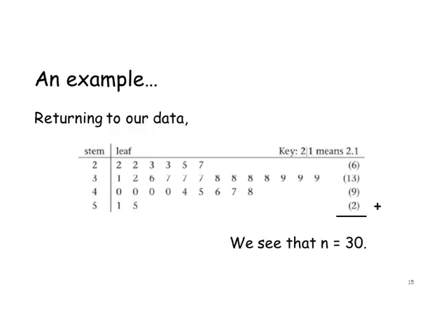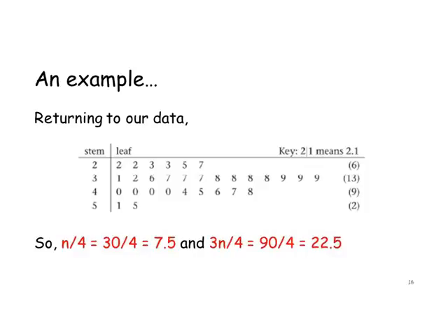We can do that and see that n equals 30. Now that we know n, we can work out the position of Q1 and Q3. For Q1, n over 4 is 30 over 4, which is 7.5, and 3n over 4 is 90 over 4, which is 22.5.